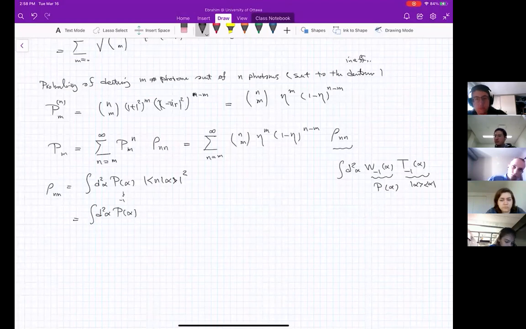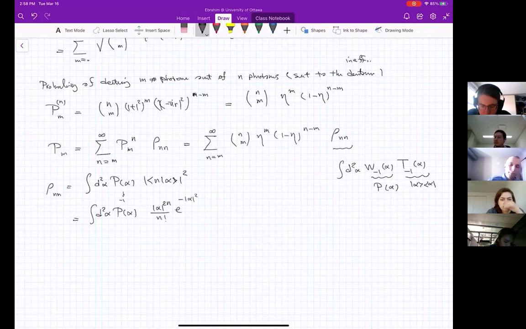Then it will give you, if I remember well, someone can correct me, because it's a power of 2, alpha squared to the power of n divided by n factorial. Then you do have e to the power of minus alpha squared. I think something like that.